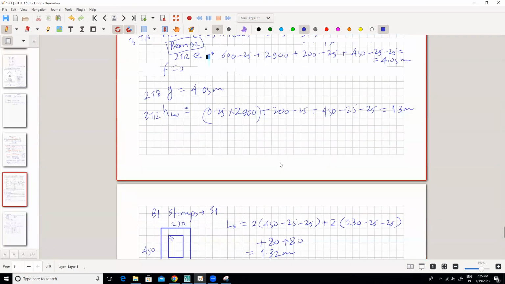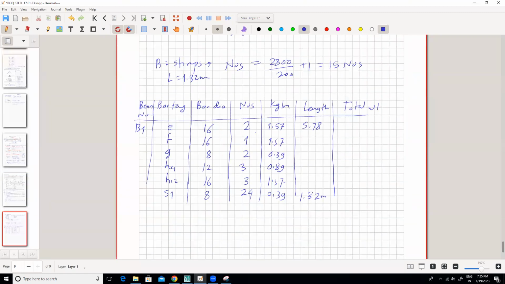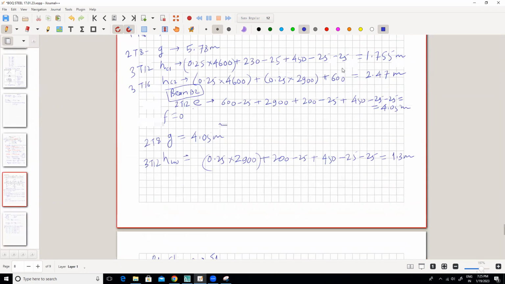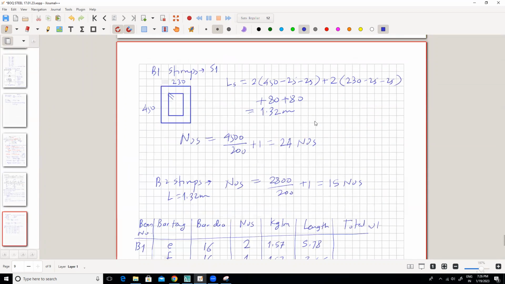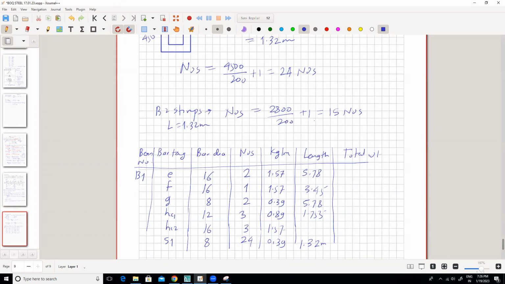F, 3.45. G सेम ही है ना, 4.78. HC1, 1.755 and HC2, 2.47.